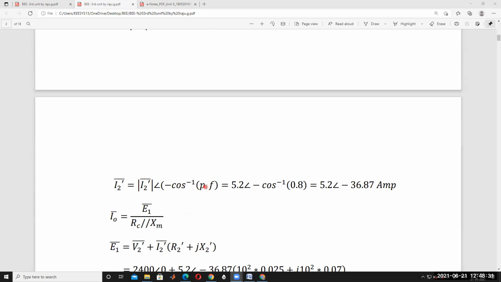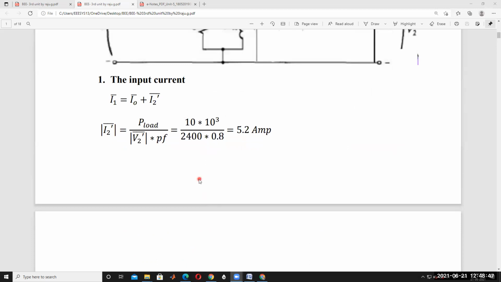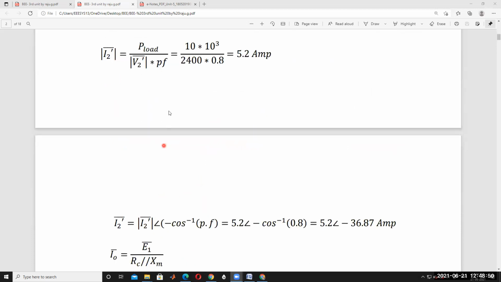So I2' is 5.2 at an angle of minus cos inverse of 0.8, that is 5.2 at minus 36.8 degrees. Understood? See here, cos phi is in the denominator, that's why you get a negative angle. I2' is inversely proportional to the power factor, so I2' is equal to 5.2 at an angle of minus cos inverse of the power factor, 0.8.